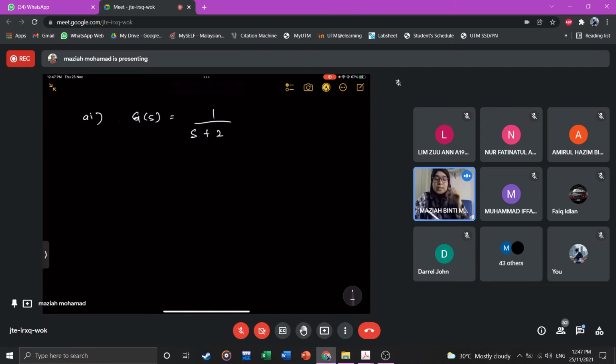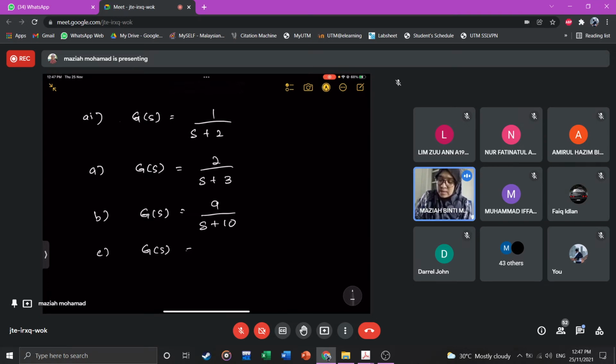Then for A, when the gain is equal to 2, the closed loop transfer function becomes 2 over S plus 3. For B, the transfer function is equal to 9 over S plus 10. And the last one, C, the transfer function is equal to 2 over S plus 2.